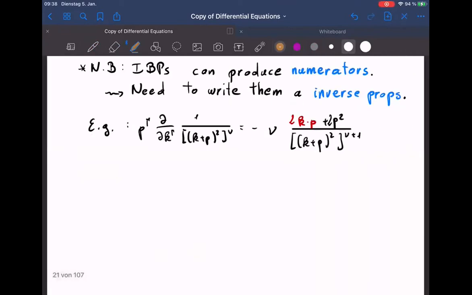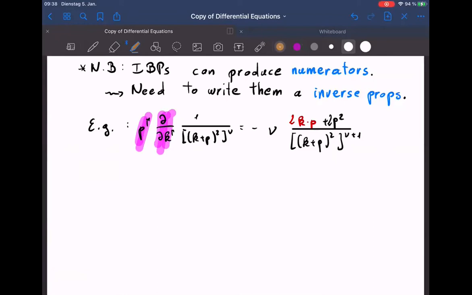Let's go back to the example that we had, but now, since everything is Lorentz invariant, I will not just look at d/dk^mu, but I will contract it with some other momentum to get the Lorentz invariant differential operator. And if I do that, you see I produce a numerator factor now. Before I had k^mu plus p^mu, now I contract with p, so now I get k dot p and p squared.